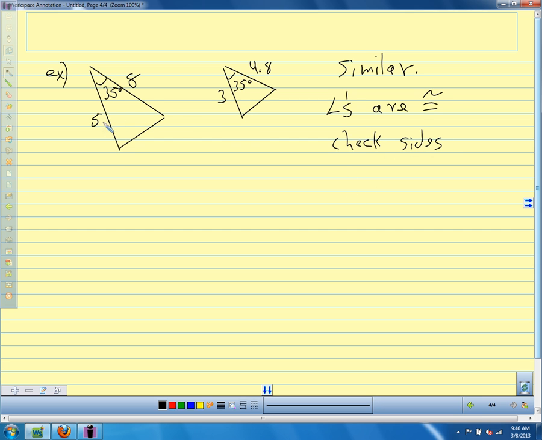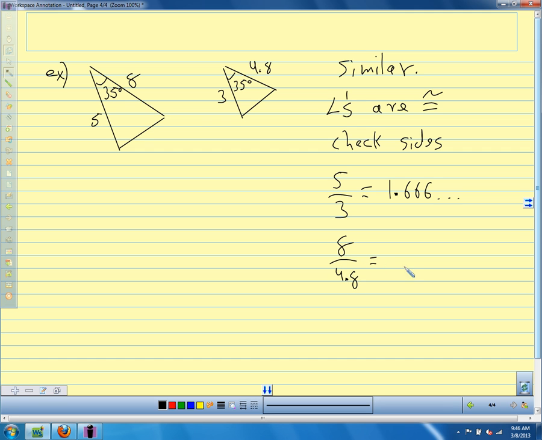So we're going to make a ratio. Which side length would match up with side 5? 3. So 5 is the smallest, so we have to match it with the smallest there. 5 divided by 3 comes out to be 1.666, and it repeats. And then I'm going to make a ratio of the other two sides. 8 divided by 4.8.